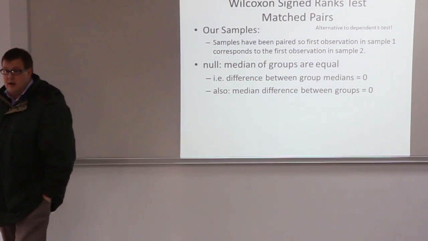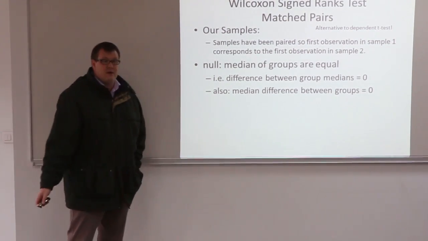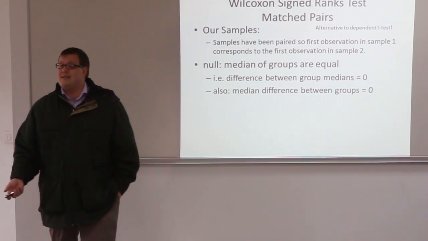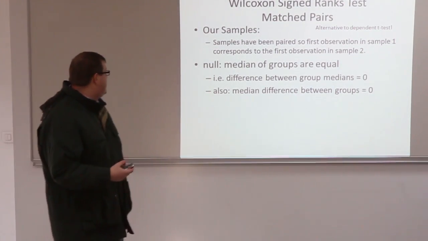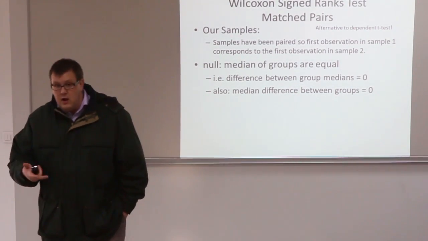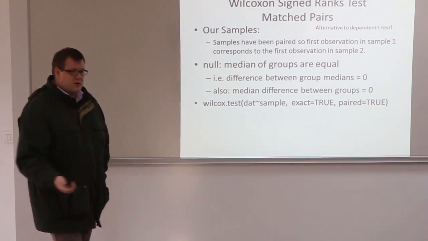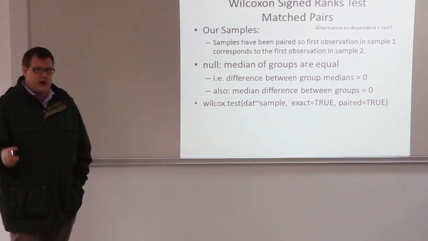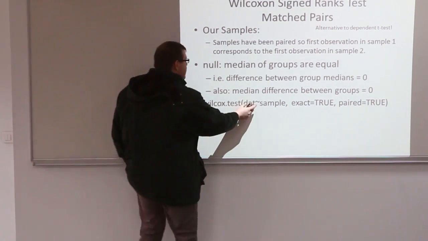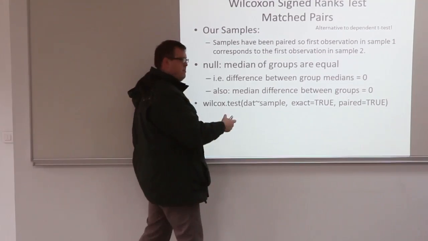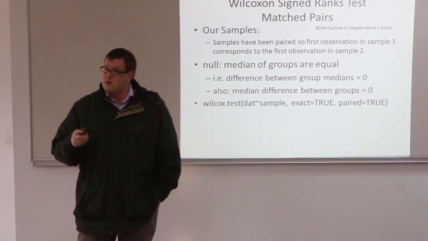Just like the previous null hypothesis, we can again say that the medians of the groups are equal, or rephrase this as a difference between medians. The difference between the groups' medians is 0. Or we can also say that the median difference between groups is 0. So to run this in the new way, we'd say Wilcox.test, data as a function of, or grouped by, sample, exact equals true, paired equals true.